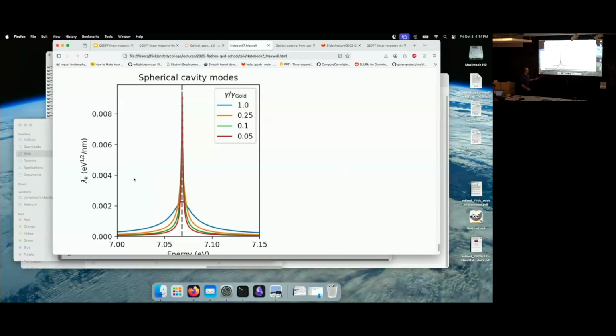The cavity is changed such that one of the peaks is in resonance with that transition. Just to illustrate, we change the damping or the loss factor on the cavity. Here 1 is the one which I already showed. It's a bit broader here, but you see the axis is just 0.15 eV, so it's quite narrow, 150 meV. And then if you go down, the peak becomes more and more narrow. So the cavity can host more narrow peaks, and we have less losses.